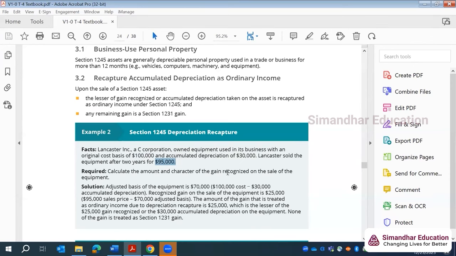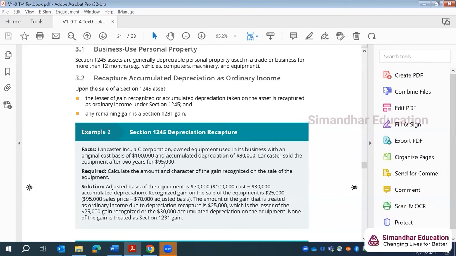$25,000, right? Does this $25,000 all pertain to the recapture of the depreciation? This is all pertaining to the recapture of the depreciation because you took a depreciation of $30,000 and you reduce the basis of the asset to $70,000.